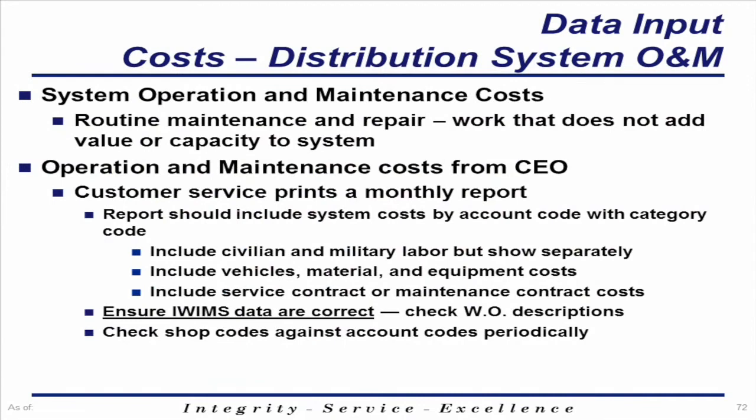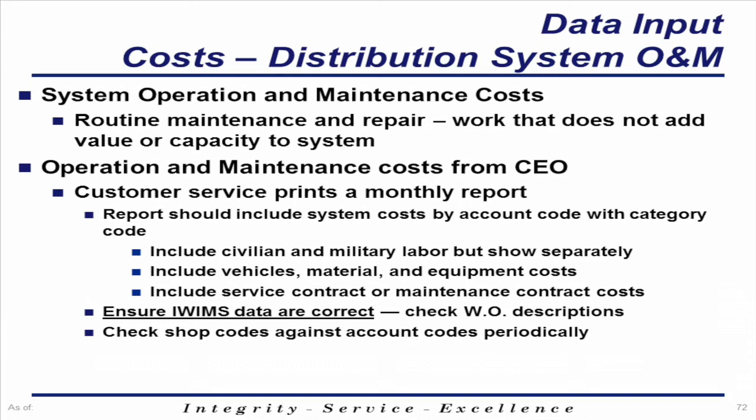Now Fred is going to talk about some sources of data for the distribution system O&M cost. Much like the cost for producing the commodity, you also have costs for distribution of the commodity, the system O&M. In this case, the system operations and maintenance costs include all routine maintenance and repair. If the repair does not add value or capacity to the system, then it should not be included in the system O&M section.